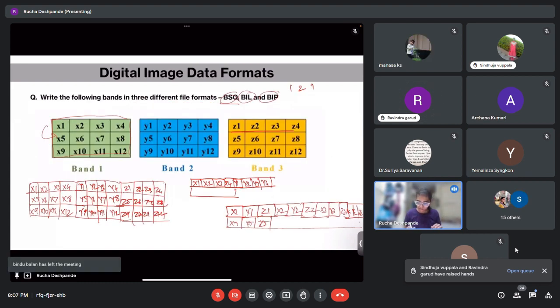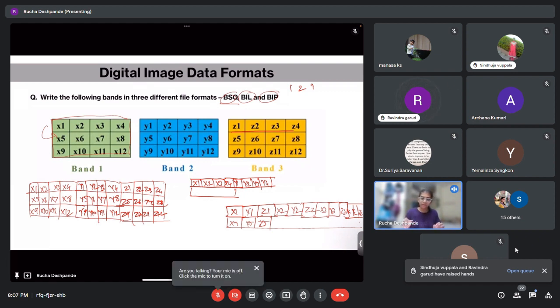When you are reading an image, it will read an entire band one, band two, band three when it's reading a BSQ file. But when it's reading a BIL file, it will read first line of band one, first line of band two, first line of band three, and so on.